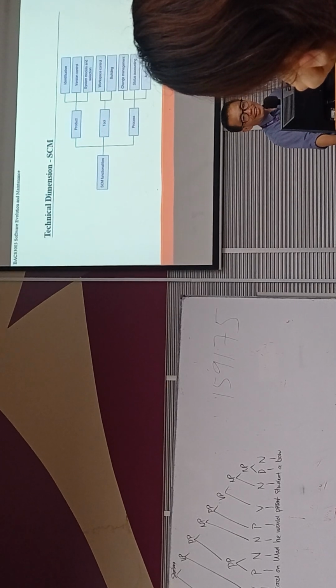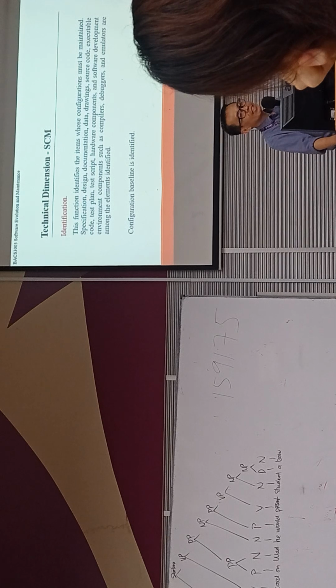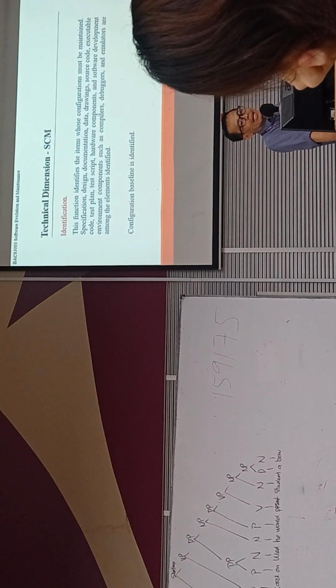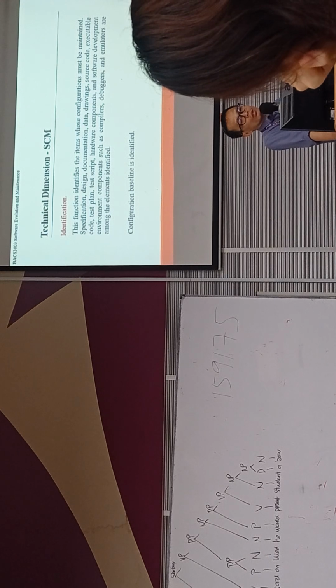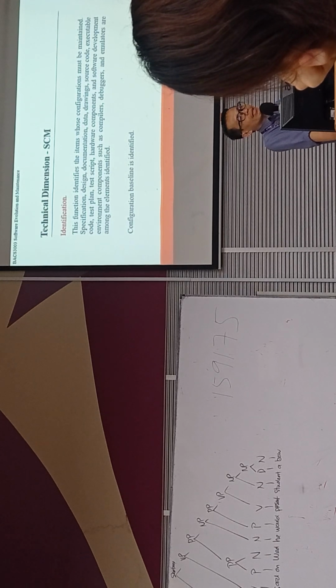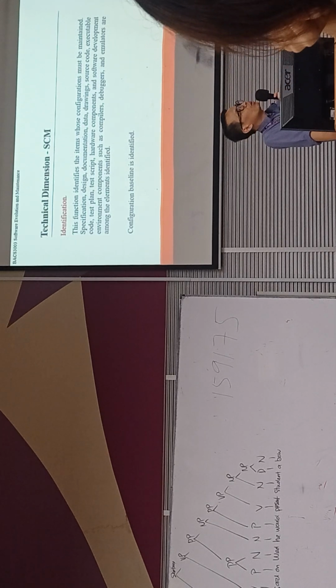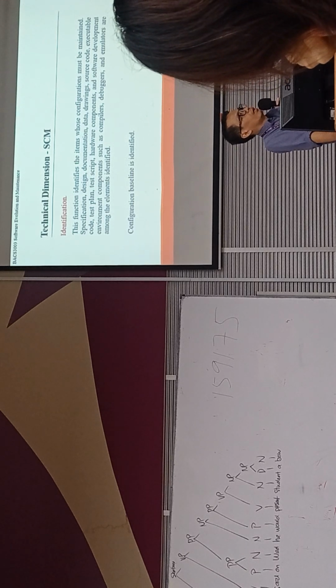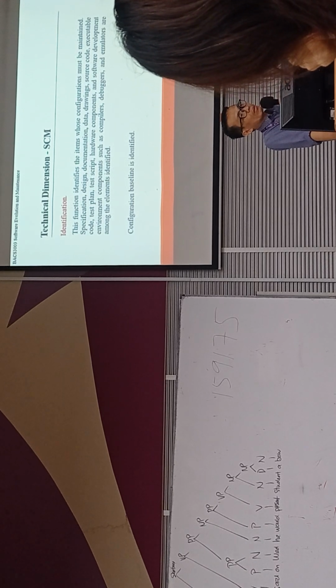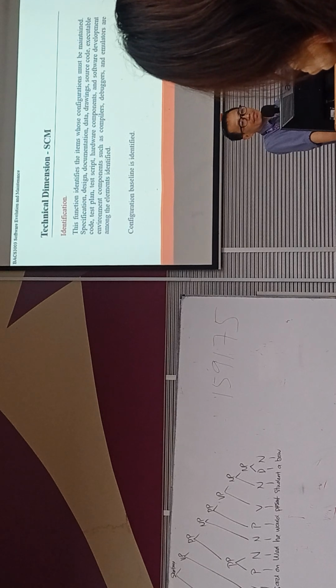What is this? Identification. This is under the product dimension. These functions identify those items whose configuration must be maintained. It means you need to know what are the items involved in the building of this software throughout its product life cycle.